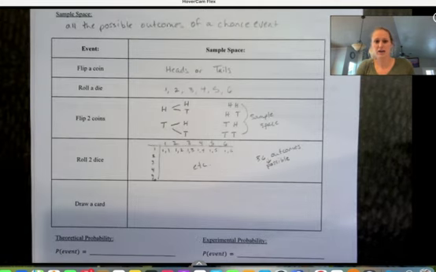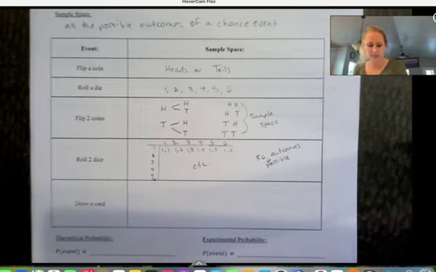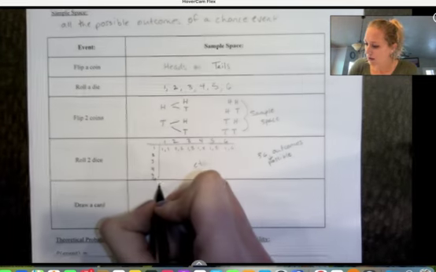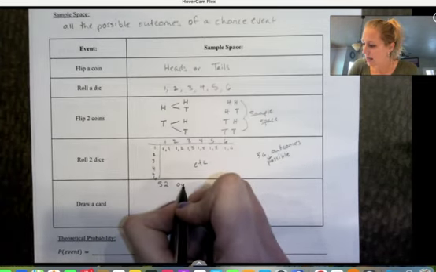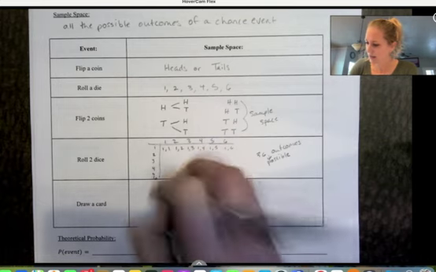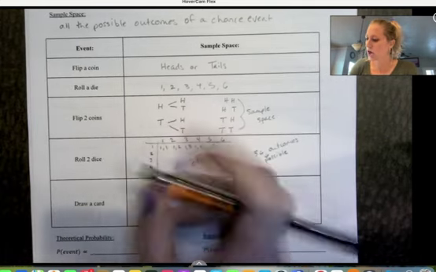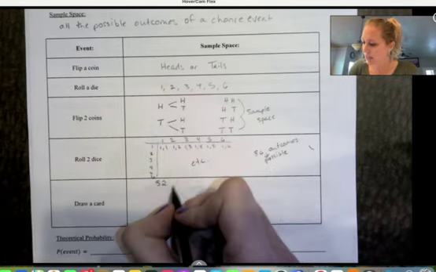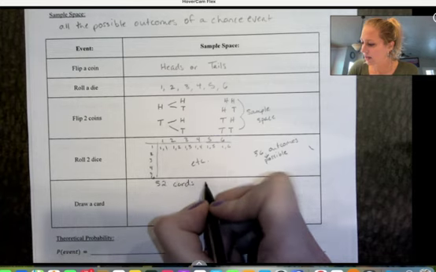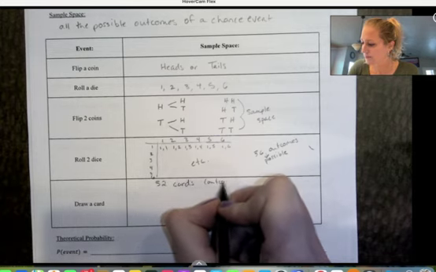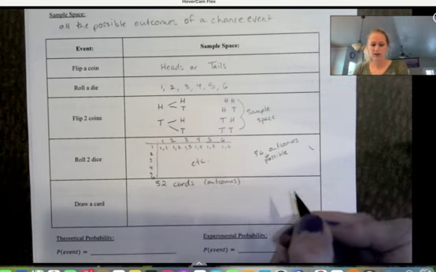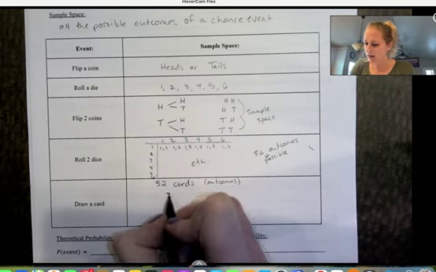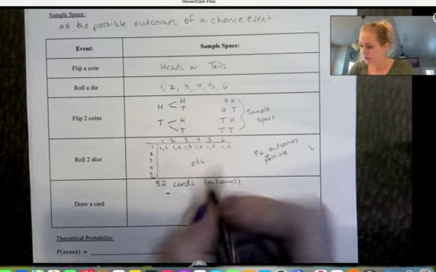Okay. Drawing a card, you guys will see these problems a lot in probability, so it's important to know what a standard deck is. So there are 52 outcomes. I'll say 52 cards in a standard deck. Okay, and that is the total outcomes. So within that deck of cards, there are 4 suits, okay?